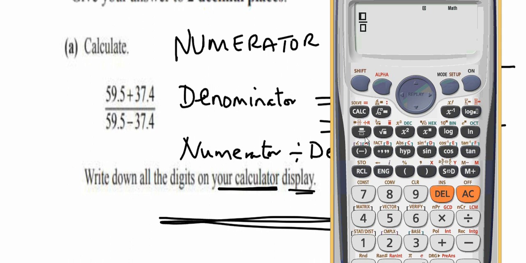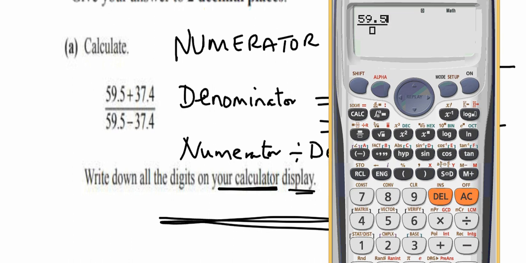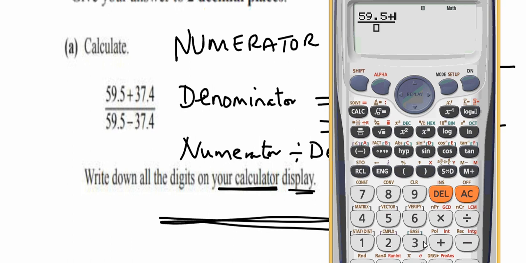So click that. You can see the numerator and the denominator. So you type the numerator the way it is, 59.5. Can you see that? 59.5, then a plus 37.4.